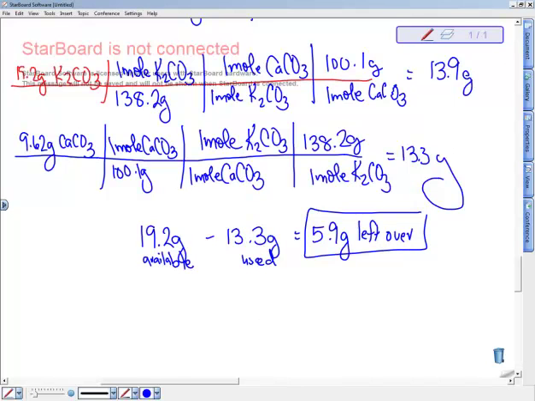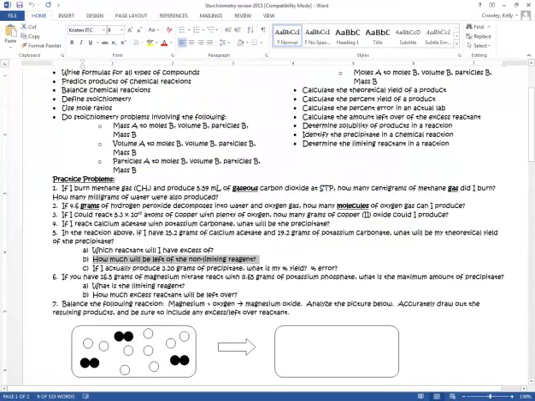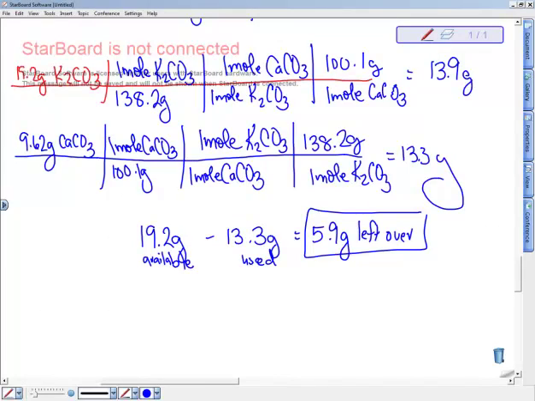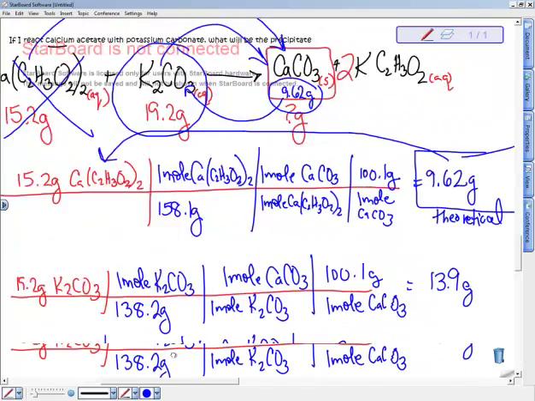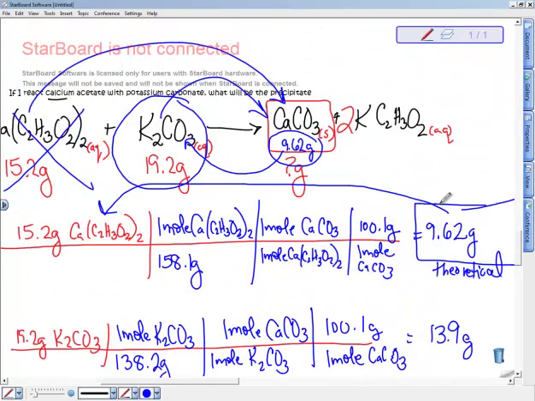All right. Now, the last problem on this one is asking if I actually made 3.2 grams of the precipitate, what's my percent yield, and what is my percent error? All right, so you made 3.2 grams. Well, our theoretical, the amount we were supposed to get, was 9.62.